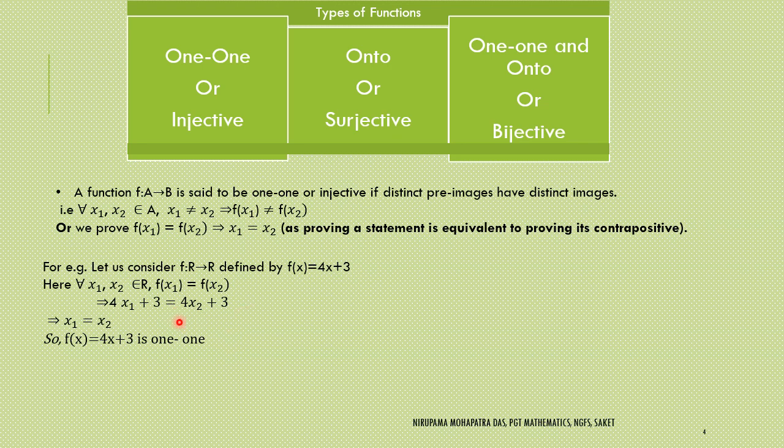This implies 4x1 equal to 4x2, or you can say x1 equal to x2. So in this example, what we have seen is f(x1) equal to f(x2) implies x1 equal to x2, where x1, x2 are any two elements from the domain set. So we can conclude f(x) = 4x + 3 is a one-one function or injective function.